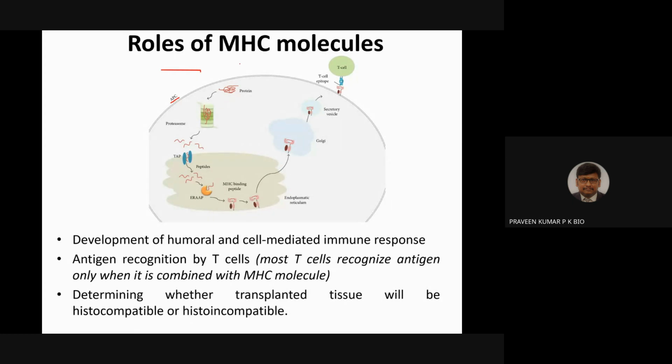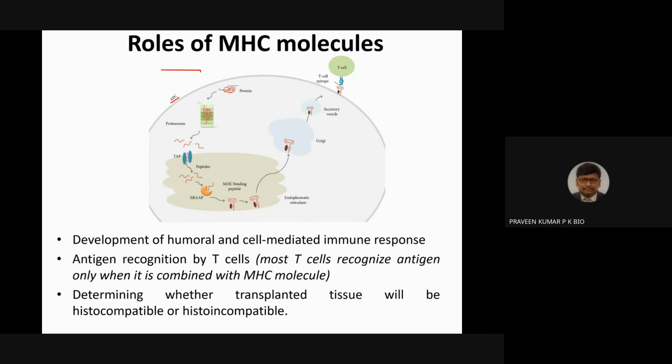So if any cancer antigen gets inside the antigen presenting cell, for example a dendritic cell, it first enters the proteasome. The proteasome majorly takes care of degradation of protein into peptides. They are transported through the transporter associated with antigen processing. Whatever peptides it generates will be transported further into the endoplasmic reticulum, where it is projected onto a molecule called MHC1 or MHC2.